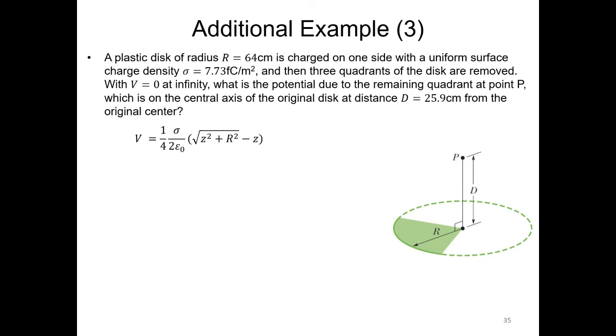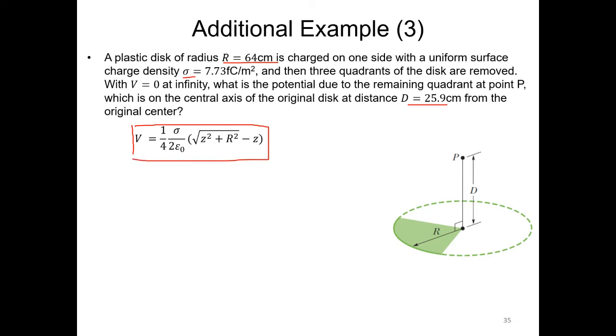So here we have a plastic disc of radius r charged on one side with a uniform surface charge density sigma. And then 3 quadrants of the disc are removed. What is the potential due to the remaining quadrant at point P, which is on the central axis of the original disc at distance d? So it's somehow similar to the previous case. And actually, we can make use of this one.